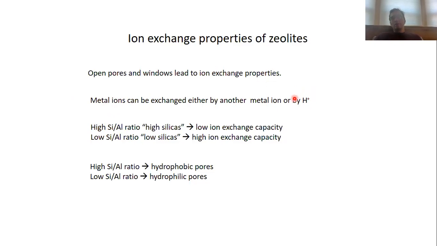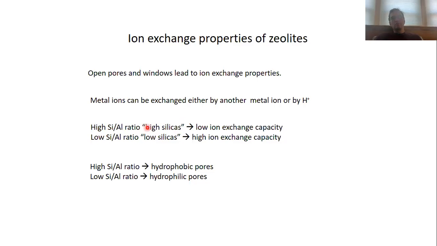Now you have a great variability to tune these properties, because we can continuously vary the silicon-aluminum ratio. When the silicon to aluminum ratio is high, we do not have very many negative charges in the framework.